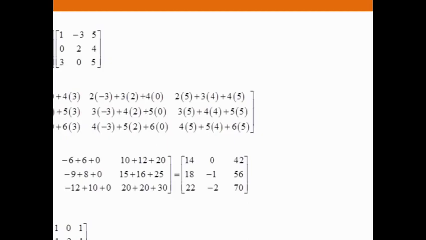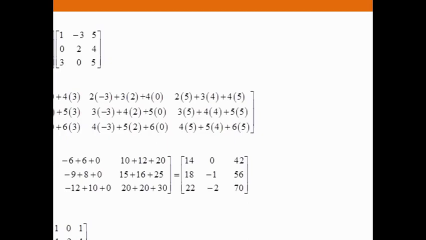Dear student, again I am telling you, when you multiply first row with first column, first row with second column, first row with third column, you get one row, that is the first row. When you multiply second row with all columns, second row with first column, second column, third column, you get the elements of the second row.